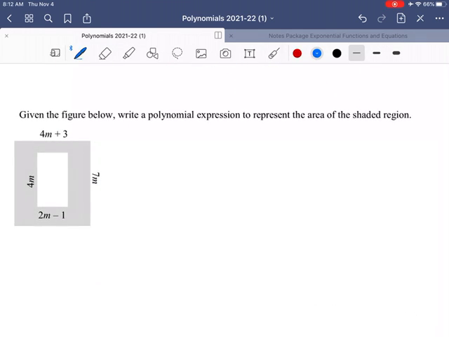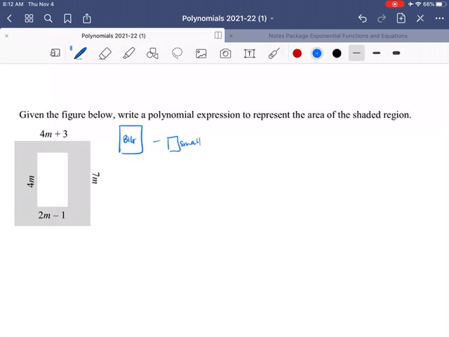Given the figure below, write a polynomial expression to represent the area of the shaded region. Okay, well, if you think about the problem, what we want to do is take the big area and subtract the small area.